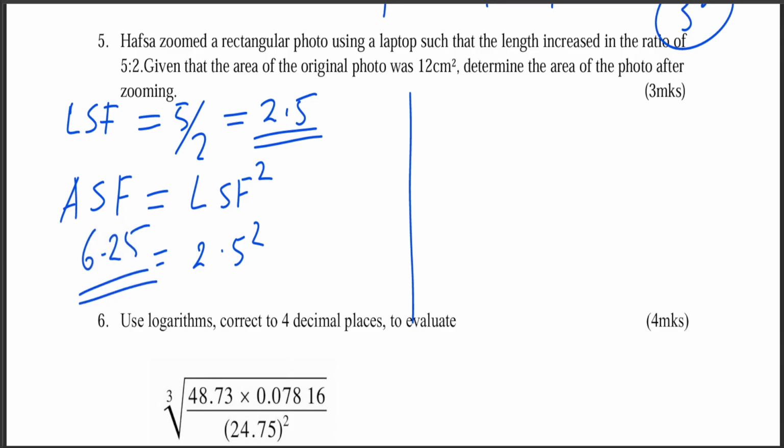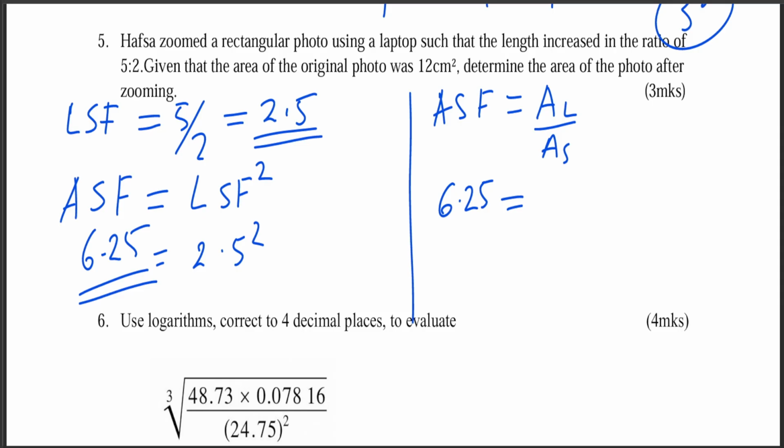Sawa. So this is our area scale factor, and we said area scale factor is equal to the area of the larger one divided by the area of the smaller one. So just in case umesahau, angalia video yangu nimeipost, a whole topic about linear scale factor and area scale factor. Area scale factor tunajua ni 6.25. The original photo was the smaller one, which is 12.